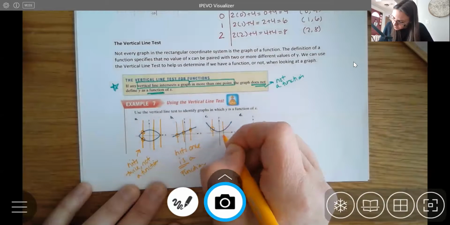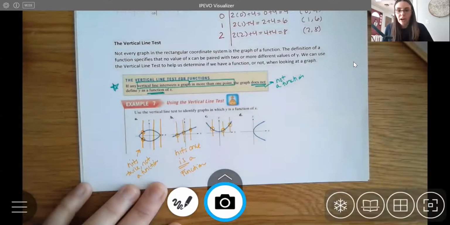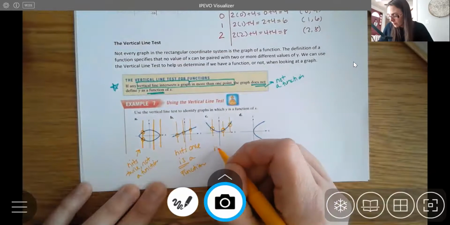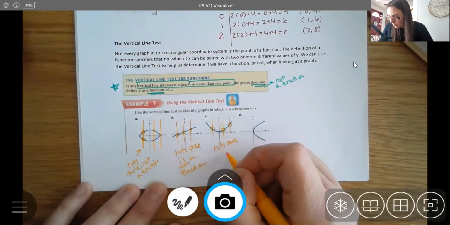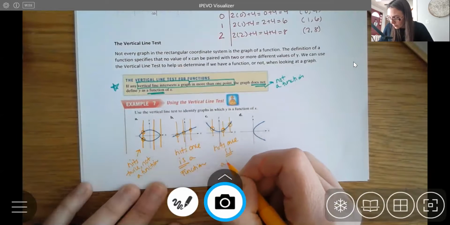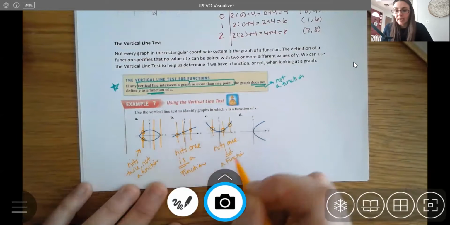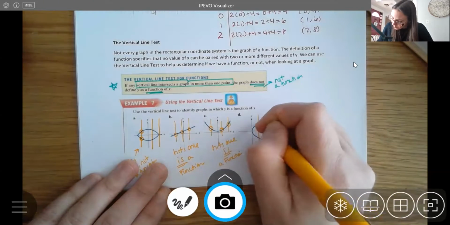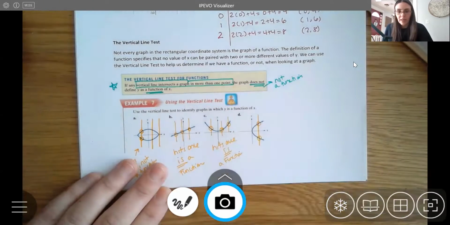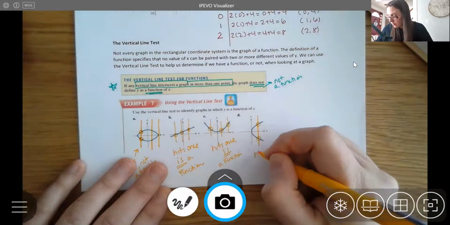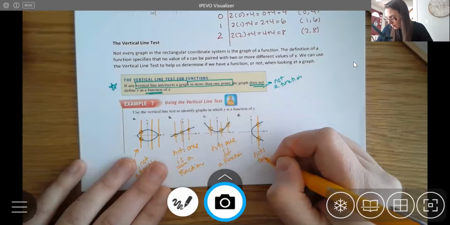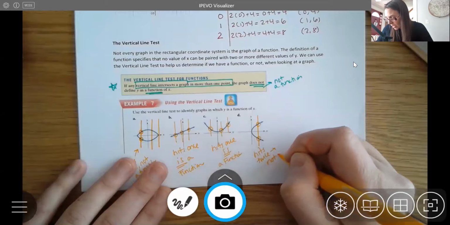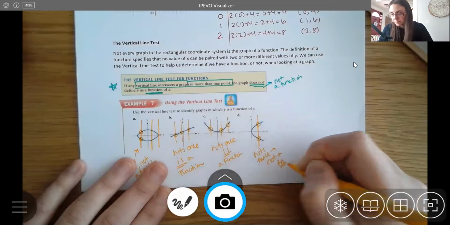Any vertical line that I try to draw through, I only ever hit that graph one time. So it is a function. And then here, if I just find one vertical line that fails, that one hits twice. So it's not a function.